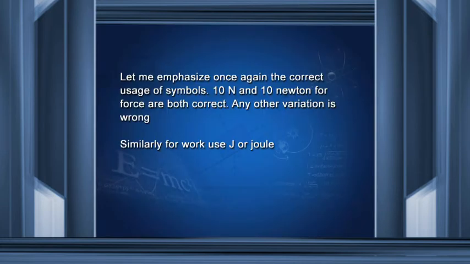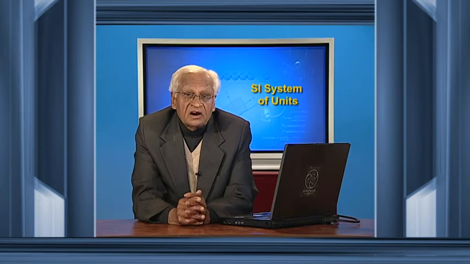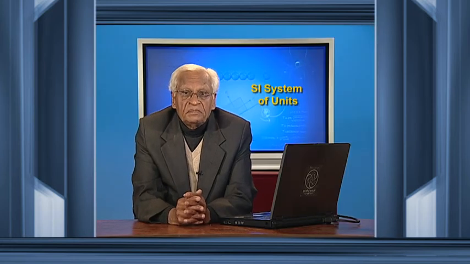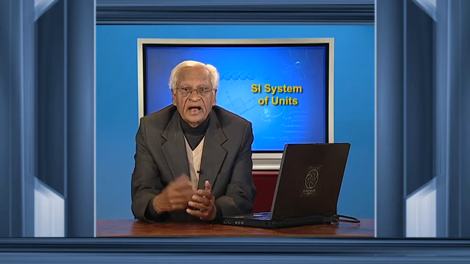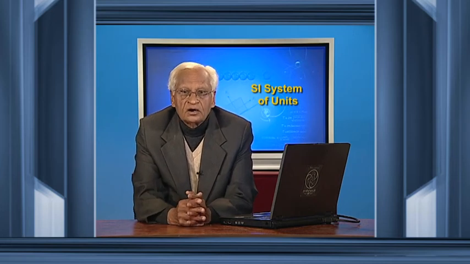Similarly, for work, capital J or joule with small j are correct. For power, use capital W or watt with small w. Let me emphasize also one more thing. There are several countries in which people still use miles, feet, and pints for volume and so on.